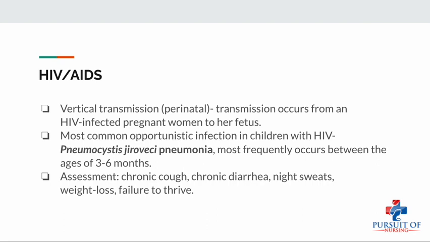Now, if a patient has been exposed to or infected with HIV, but they are not symptomatic, they're not severely immunocompromised, then you need to recommend their regular childhood immunizations.